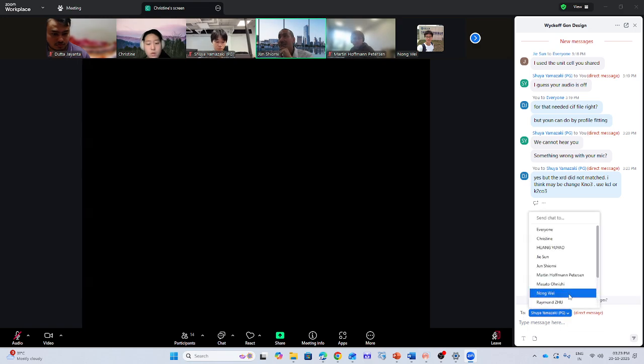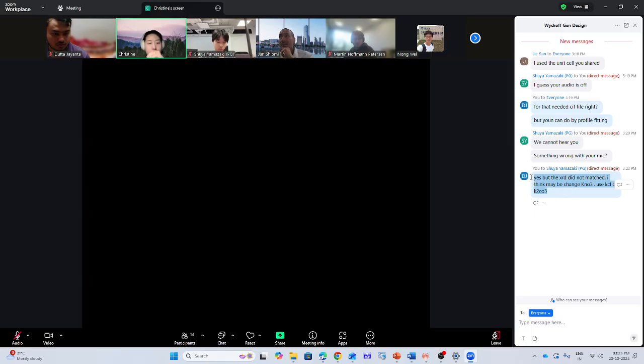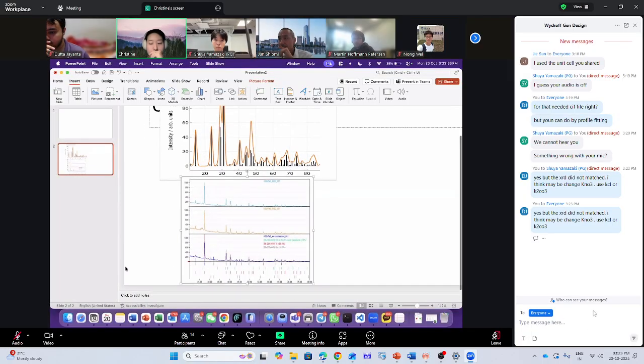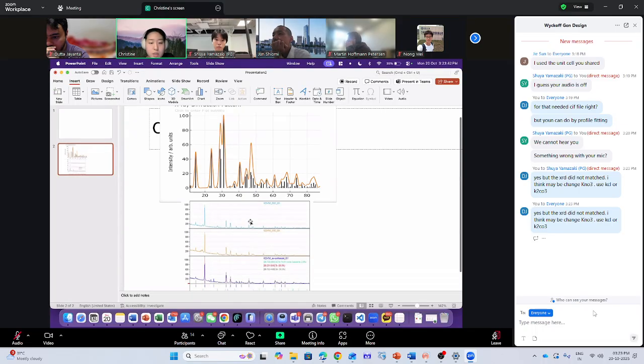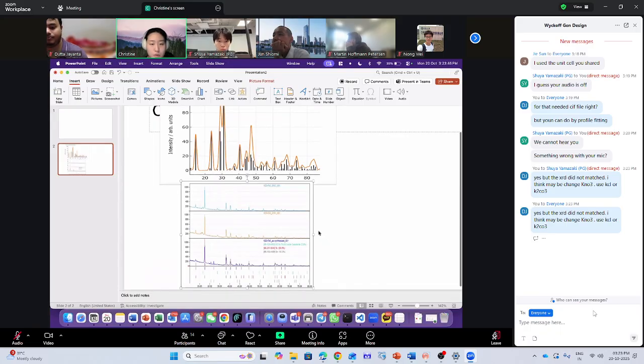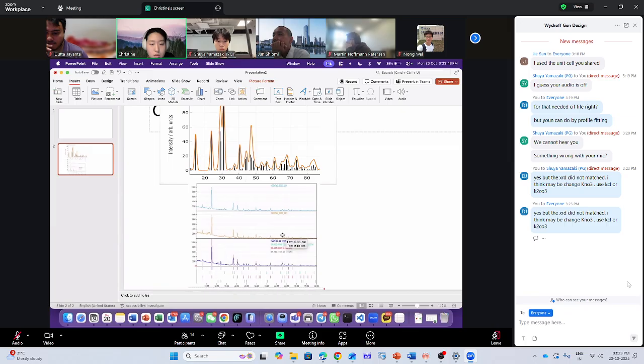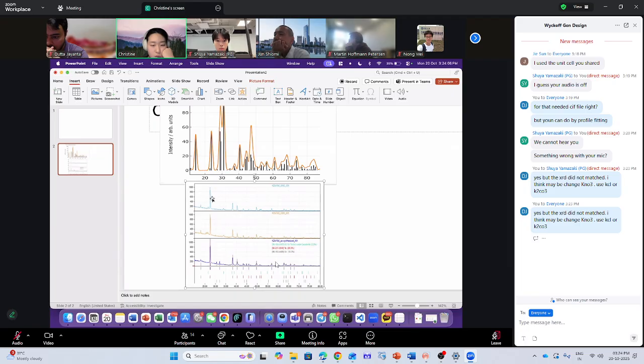Did you find anything, Christine? Materials Project? Okay. Yeah, I got this pattern from Materials Project, and if we try to fit, there is a peak at around 25, 28, and we are quite matching.